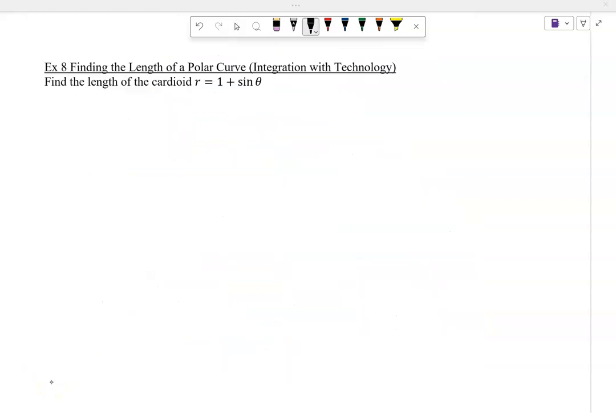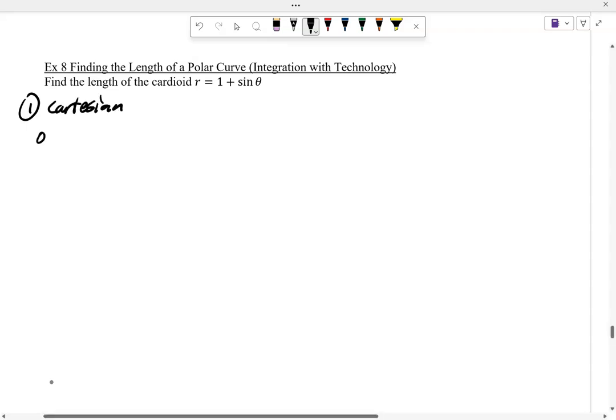All right, let's say we sketch this in our Cartesian graph here initially. We've got this sine curve bumped up once.